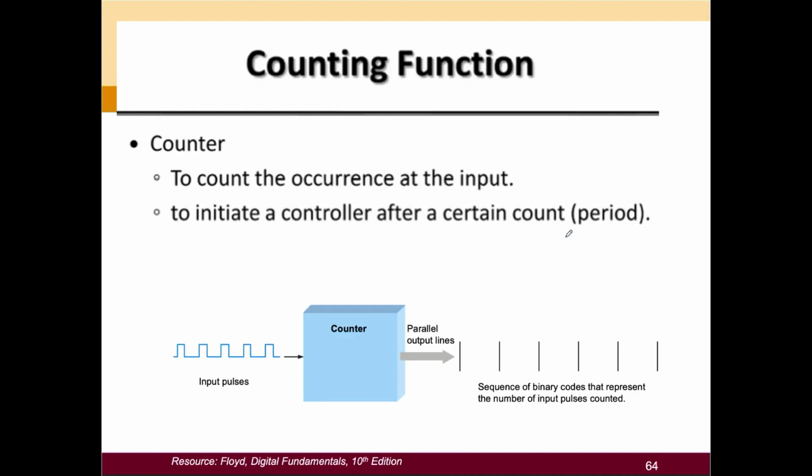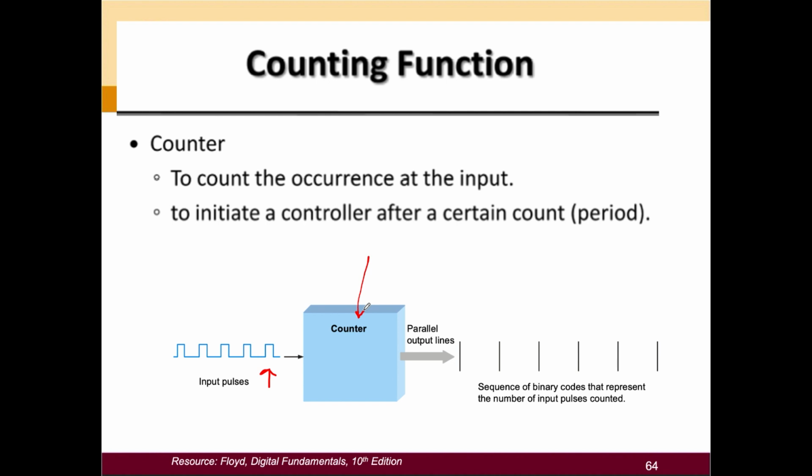So over here it is the counting function. If you have the counter, you can count any sequence. For example, you need to count the occurrence at the input. So you are given the input pulse over here, so you key it into the counter.